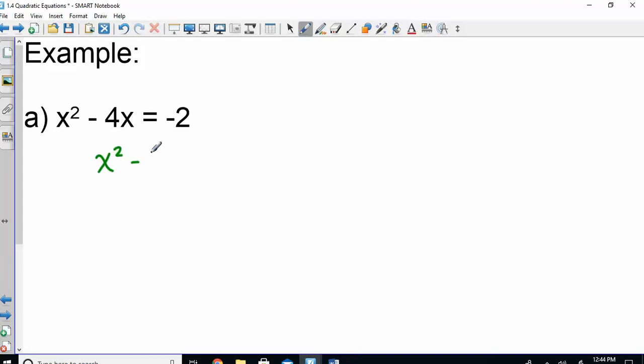Alright, so I will set it equal to 0. You add your 2. Then in this, what is my a value? 1. b is -4, and c is 2. Just those coefficients.